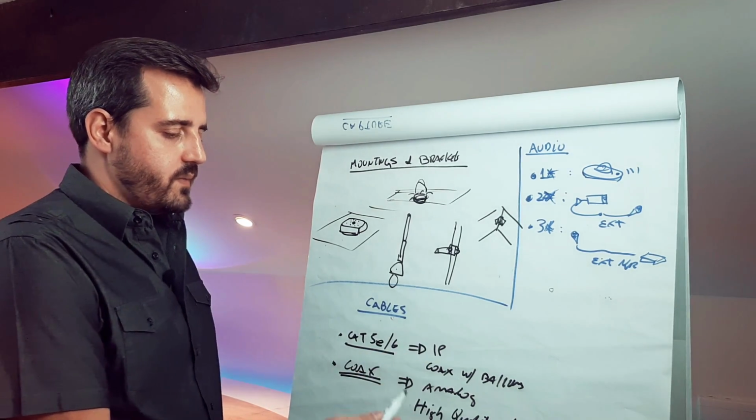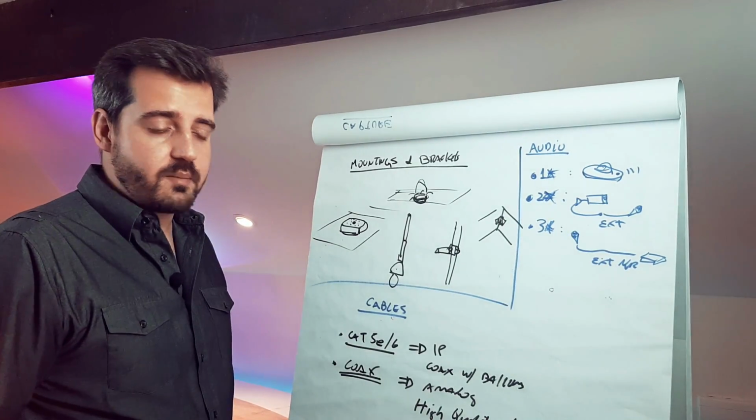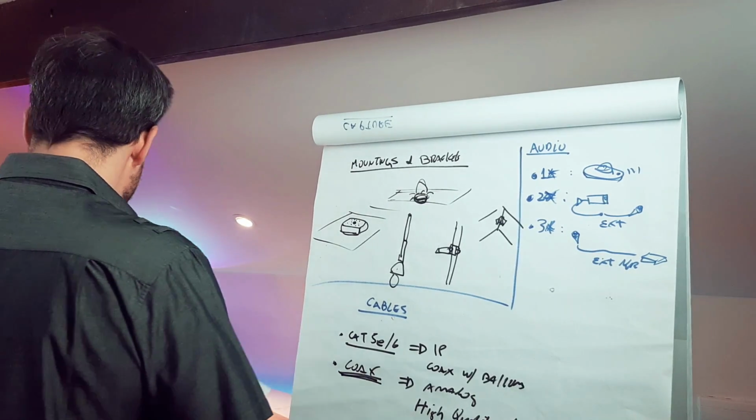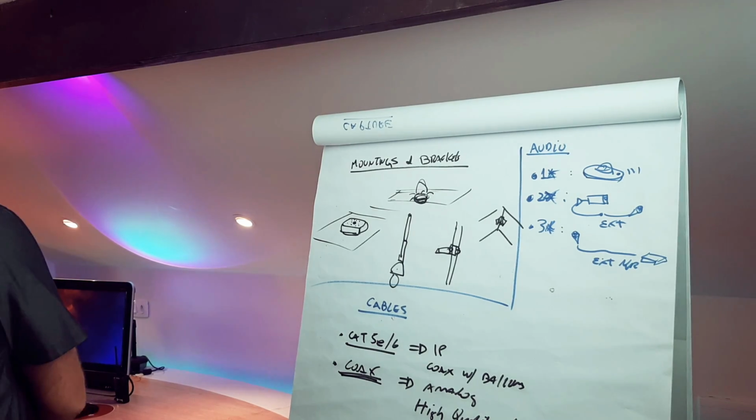So you see now in the market cameras like 2, 4, or even 8 megapixel cameras via coax cable, and basically using the same connections that we had with the very old analog camera.